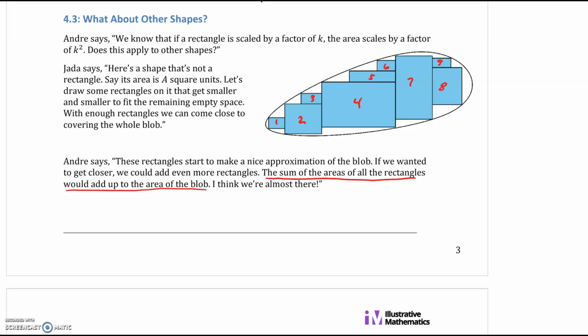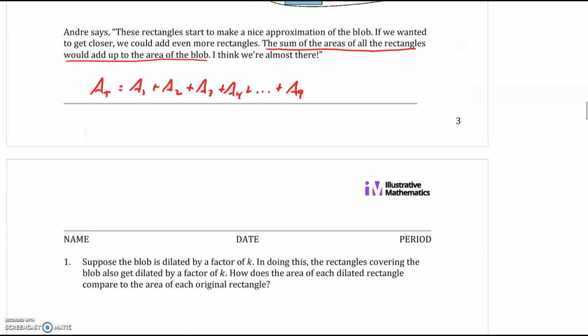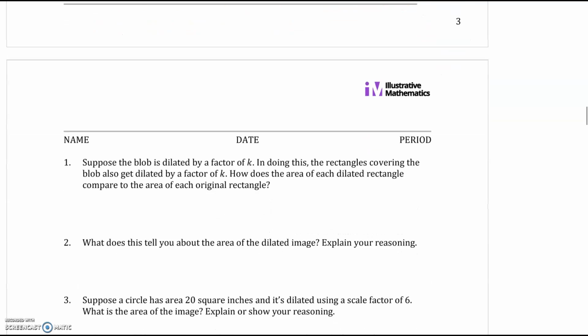So the total area of the rectangles would be equal to the area of rectangle 1 plus the area of rectangle 2 plus the area of rectangle 3 plus 4 all the way up to the area of rectangle 9. So if we add all 9 of these, that will be our total area. And that totally makes sense, what Andre is saying. Okay, so let's go here to the next page.